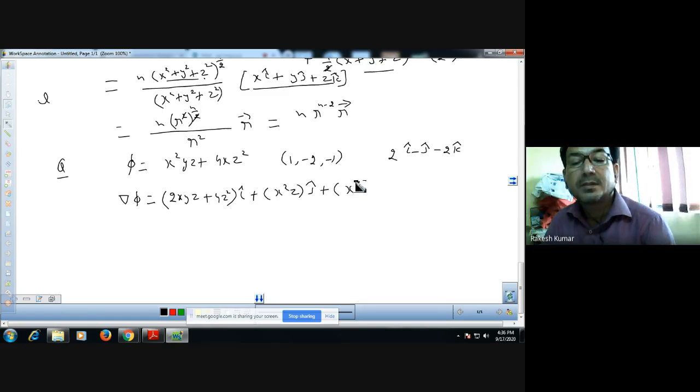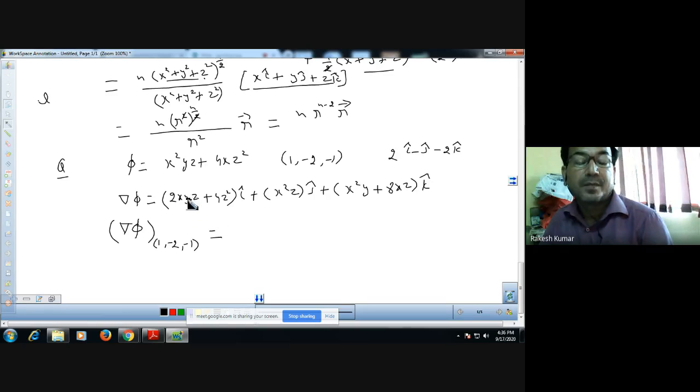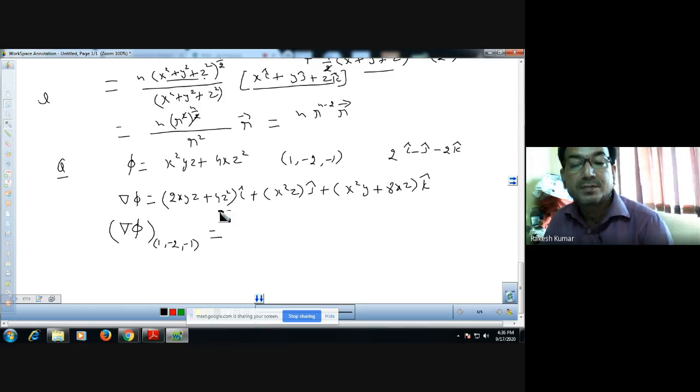The next one will be the derivative with respect to z, plus 8xz k cap. So this is the derivative. Now we just find the value of the gradient at the given point, 1, minus 2, minus 1. Put the values here. That will give you plus 4, and that will give you plus 4. That comes out to be 8i.